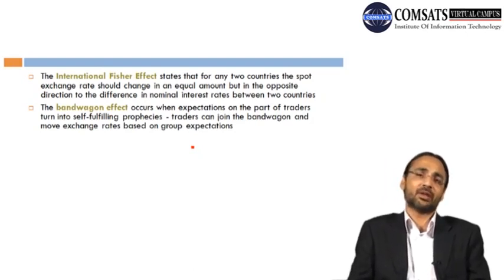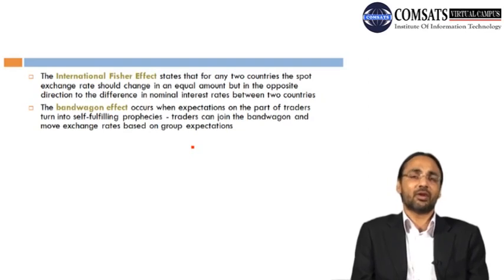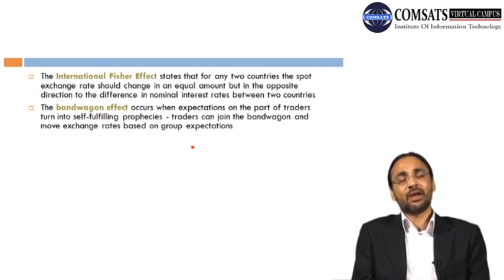We discussed the example of the US and France: if the interest rate in the USA is 10% and the interest rate in France is 6%, people start borrowing money from France and investing in the USA.